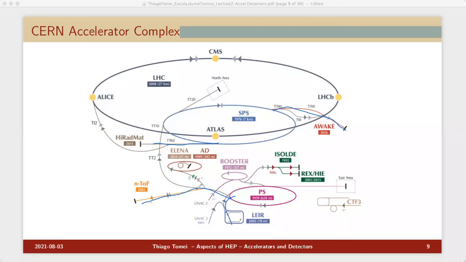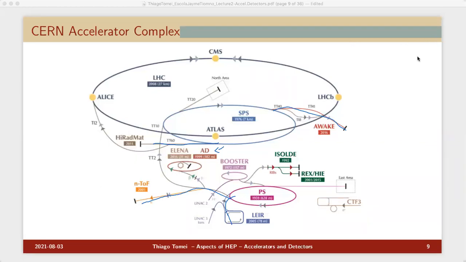CERN is not only the Large Hadron Collider. I just want to draw your attention to a last fact here, that we also have a decelerator that decelerates the particles, so pulls them down in order to do antimatter studies. So it's the same principle, but kind of in reverse.